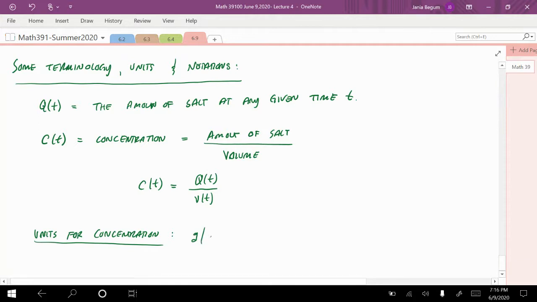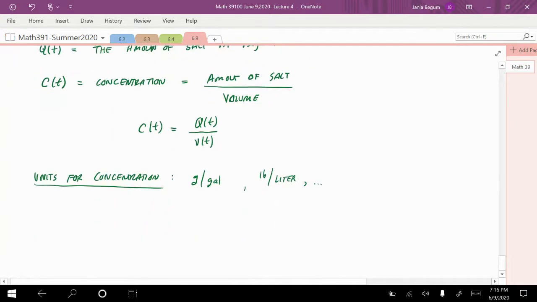So you can say grams per gallon, or your amount could be in pounds. So pounds per liter, right? That's another way to measure volume, and so on. So that's common notation for units for concentration.